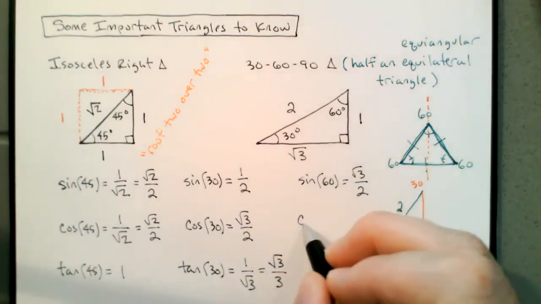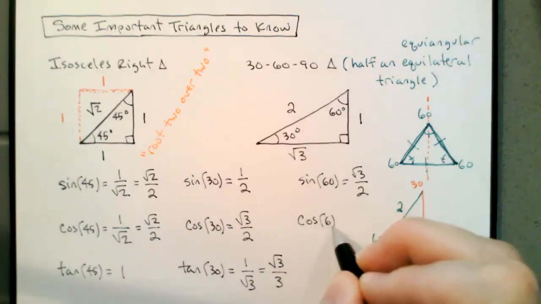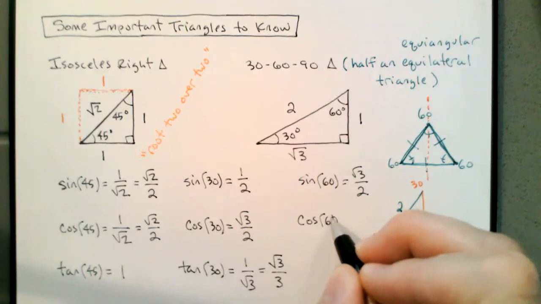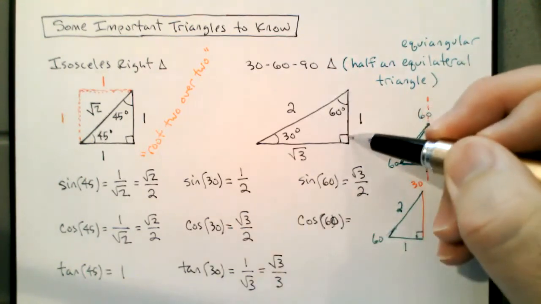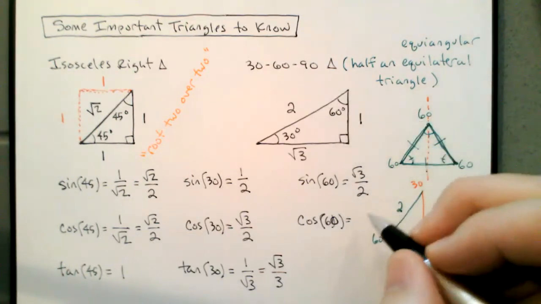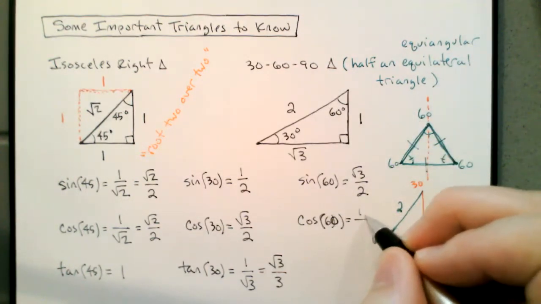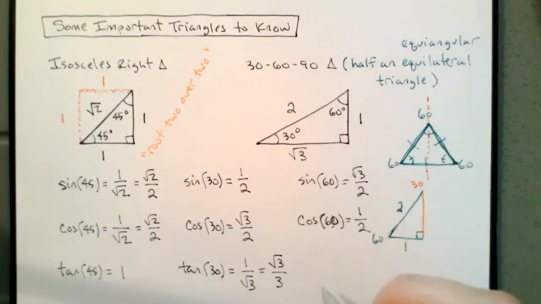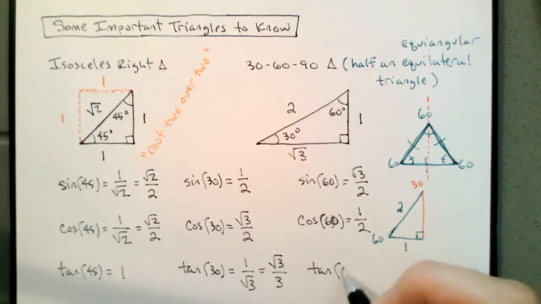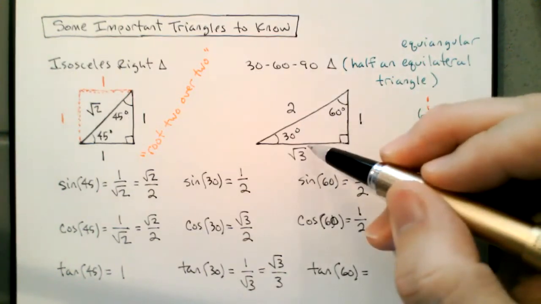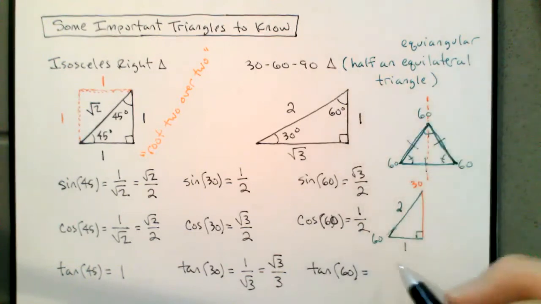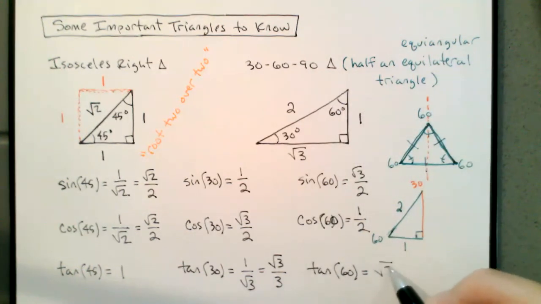The cosine of 60: adjacent to the 60 degree is a 1, so the cosine of 60 is 1 over 2. And the tangent of 60, still opposite over adjacent, so that's going to be root 3 over 1. So we'll just write that as root 3.